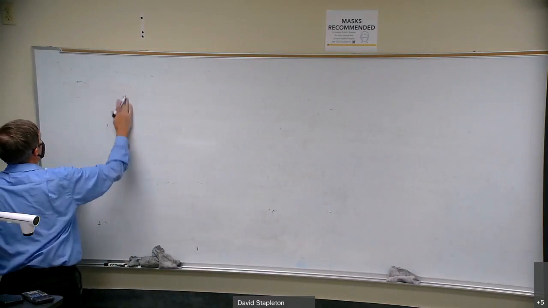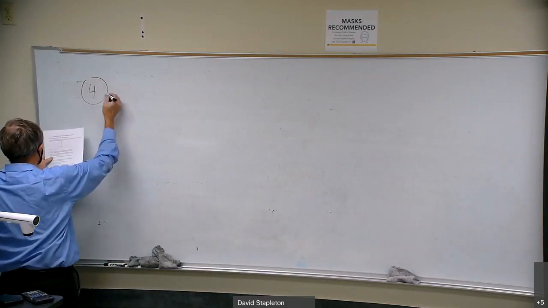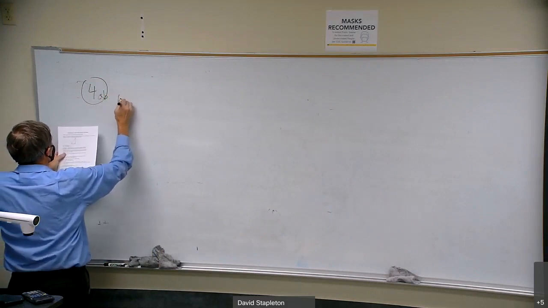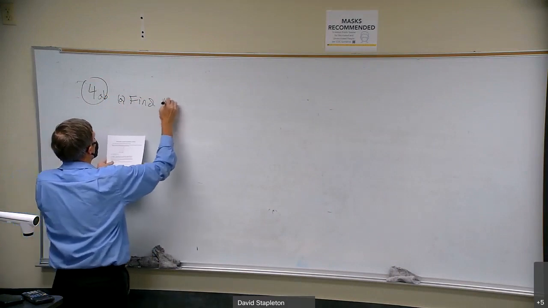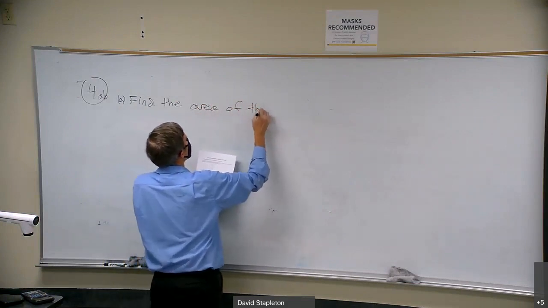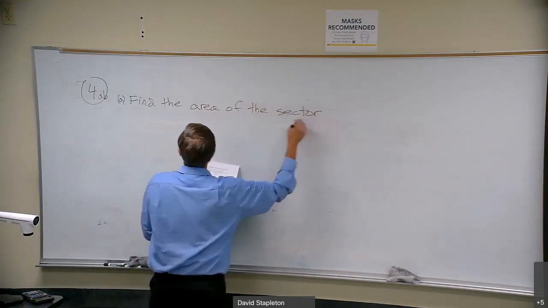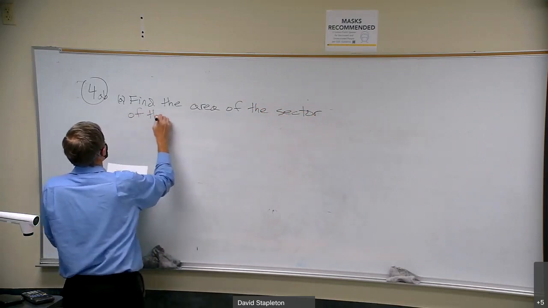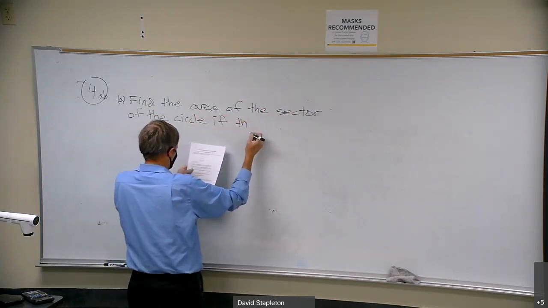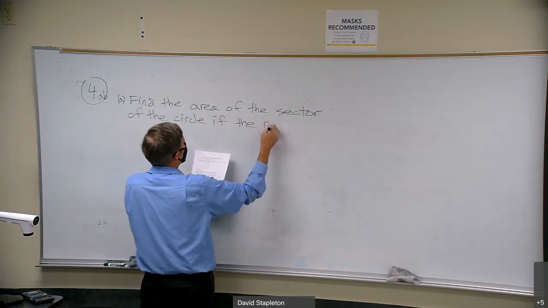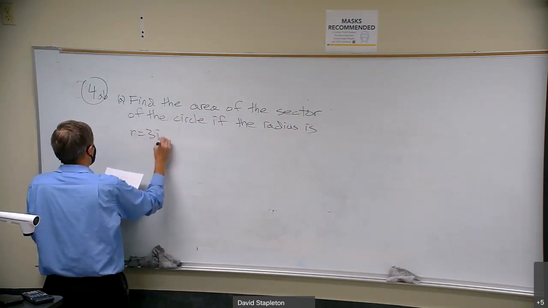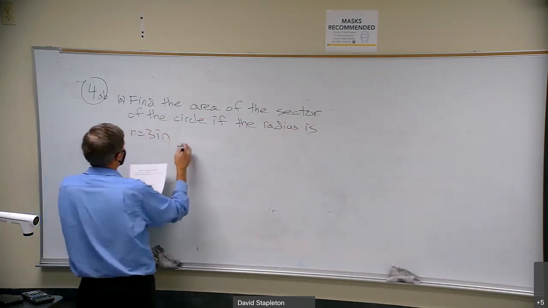Here's an interesting one. We have applications of trigonometry besides triangles. For instance, for A and B, A says find the area of a sector of a circle if the radius is 3 inches and the central angle is 20 degrees.